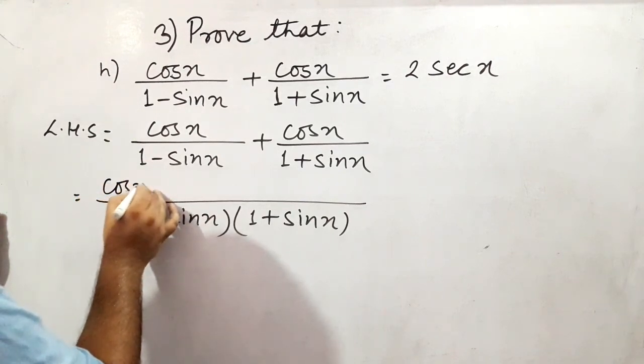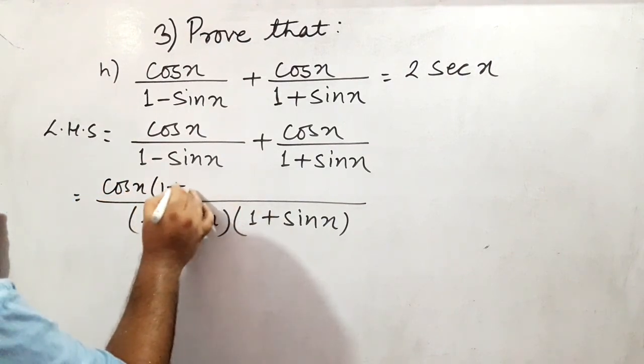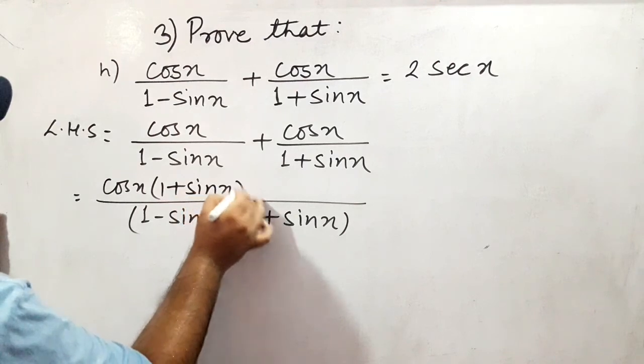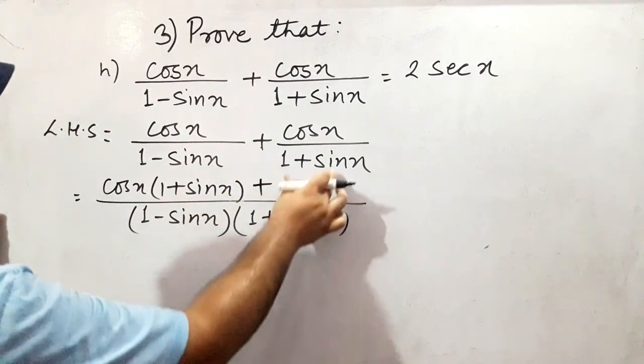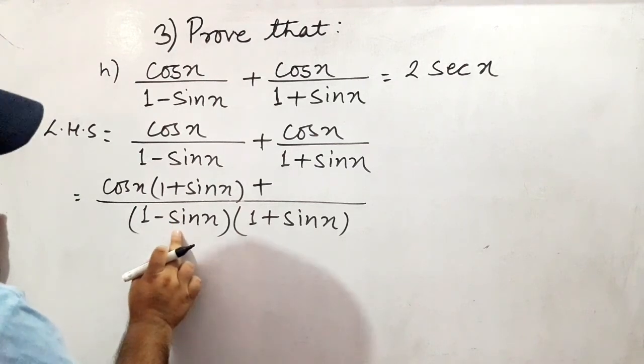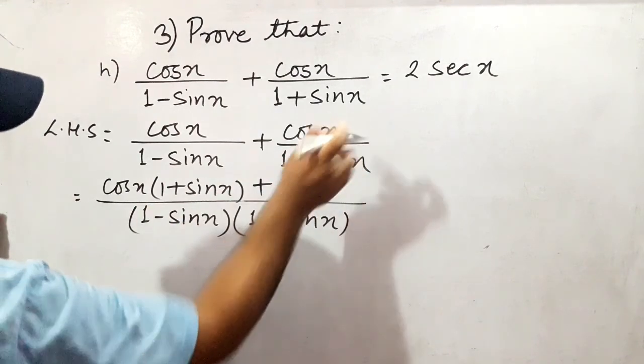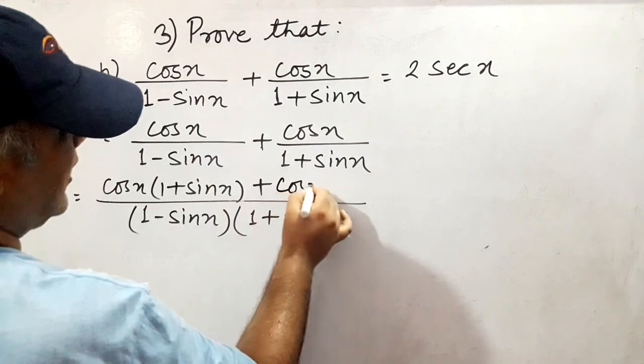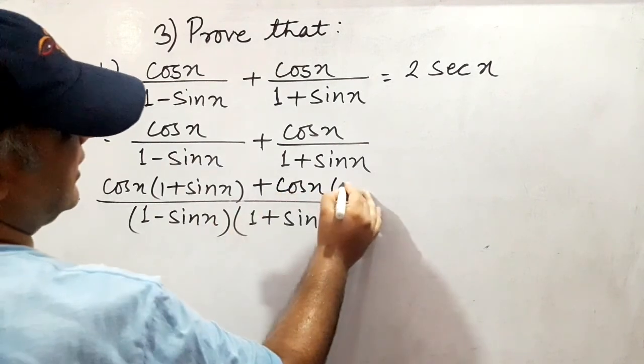So cos x into 1 plus sin x, plus 1 plus sin x gets cancelled. The remaining expression is 1 minus sin x, into cos x into 1 minus sin x.